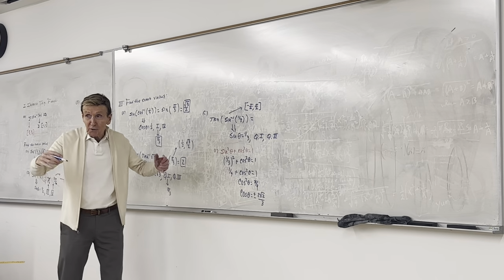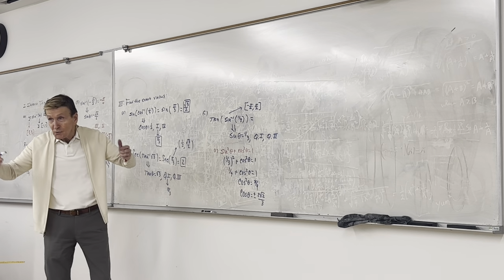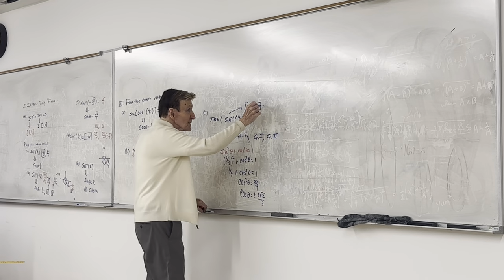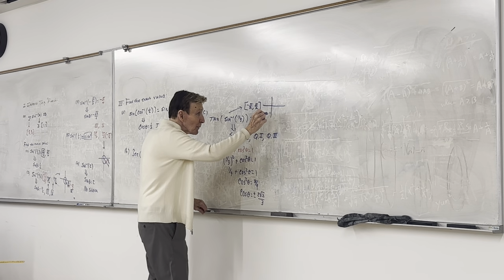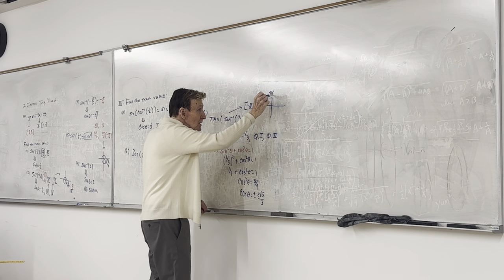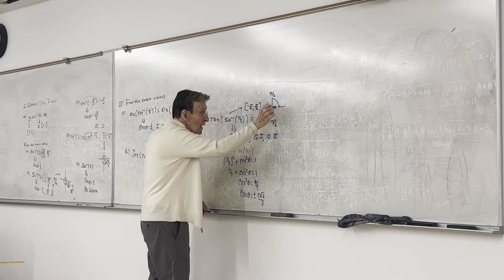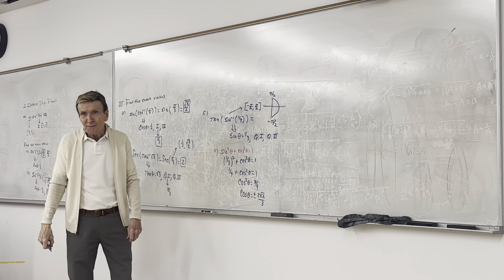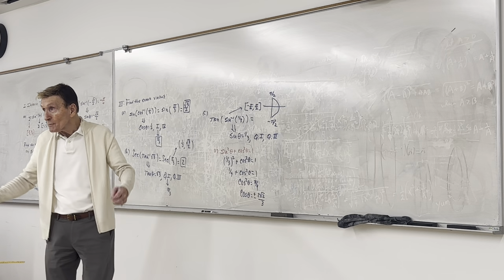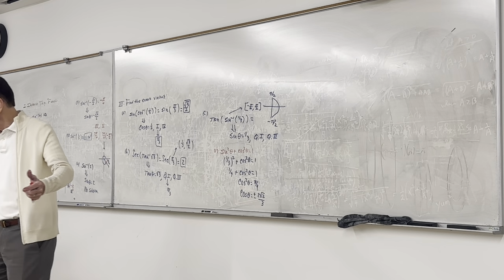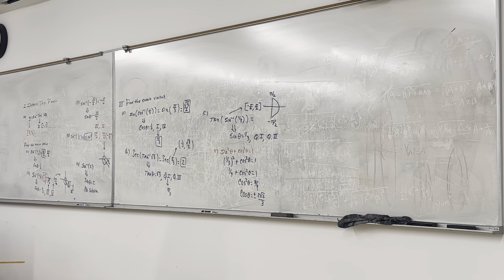By the restriction, I'm caught between -90 and +90, that's either quadrant 1 or quadrant 4.